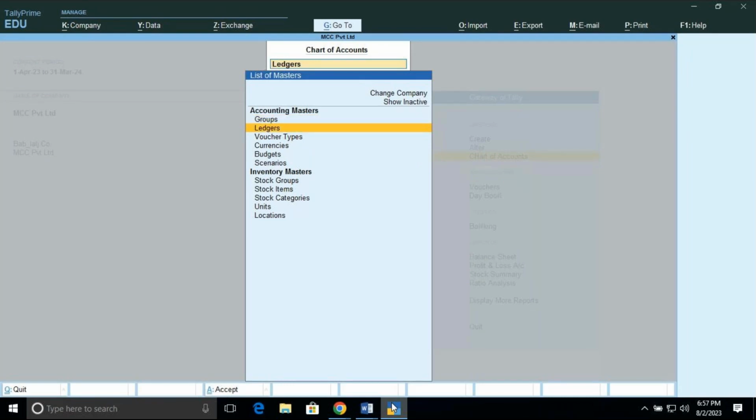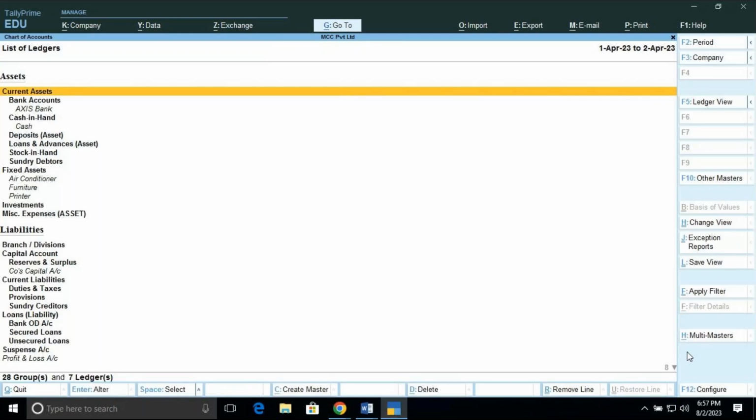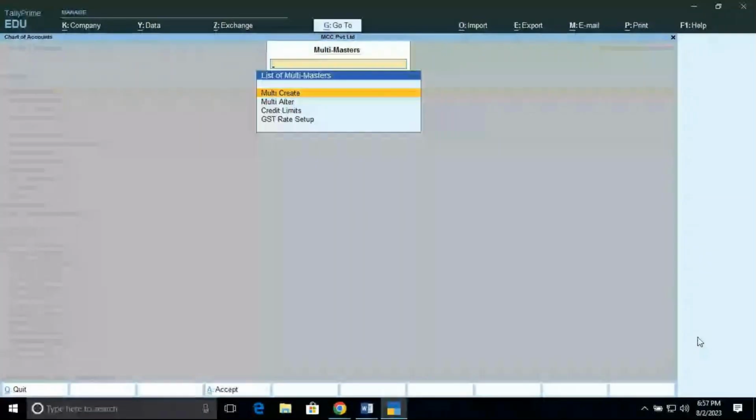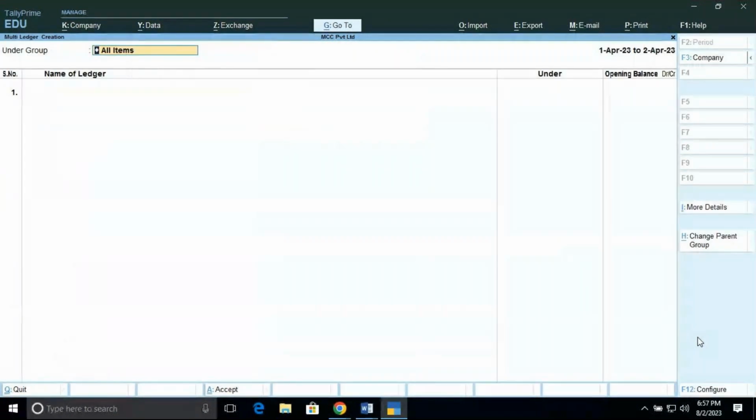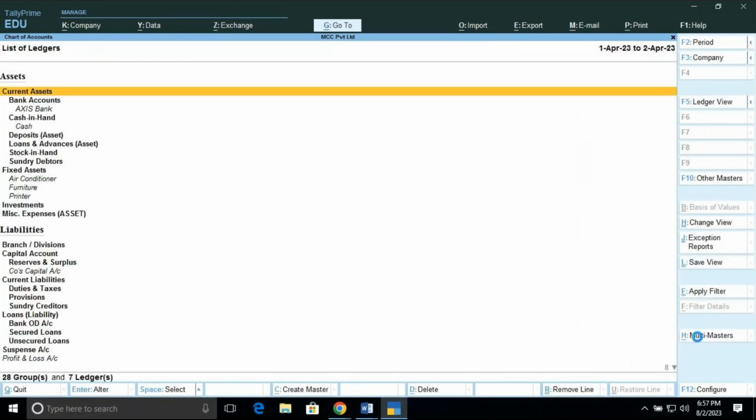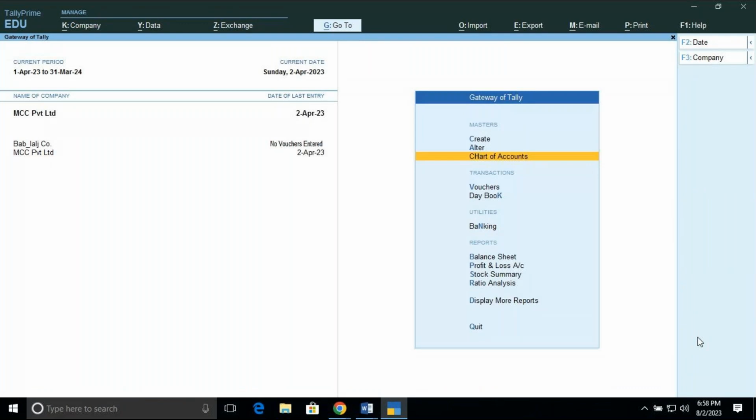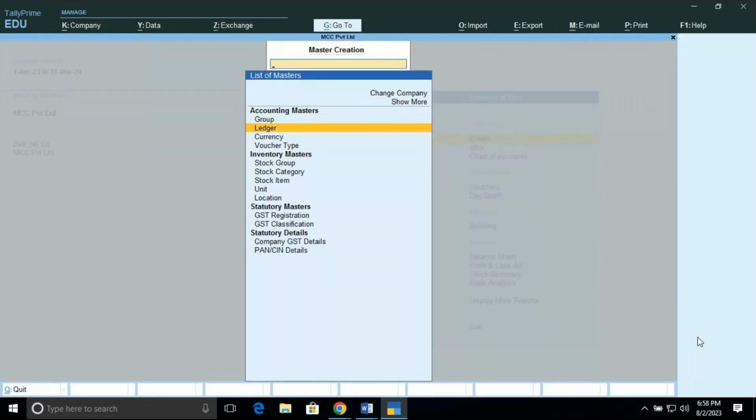You have to create ledger. So there is something called multi-master. See here, Alt H, multi-master. You click on that and say multi-create. Enter. So you can create any number of ledgers here. I'll show you again. If you want to create one master, you go here; single master, you go here.